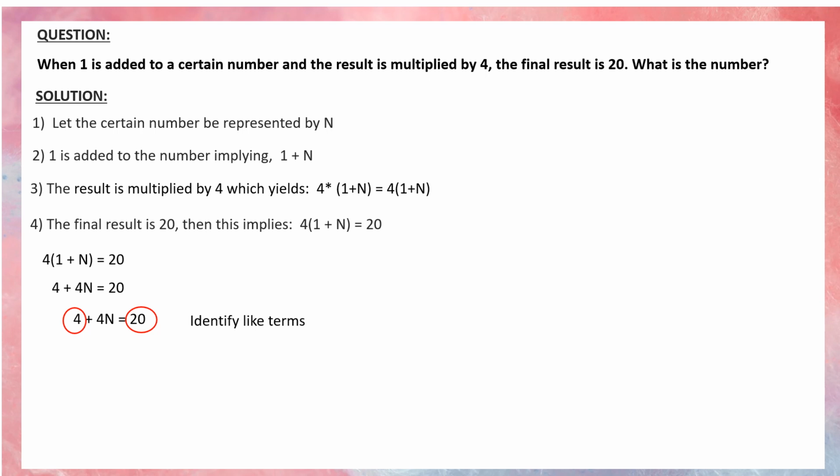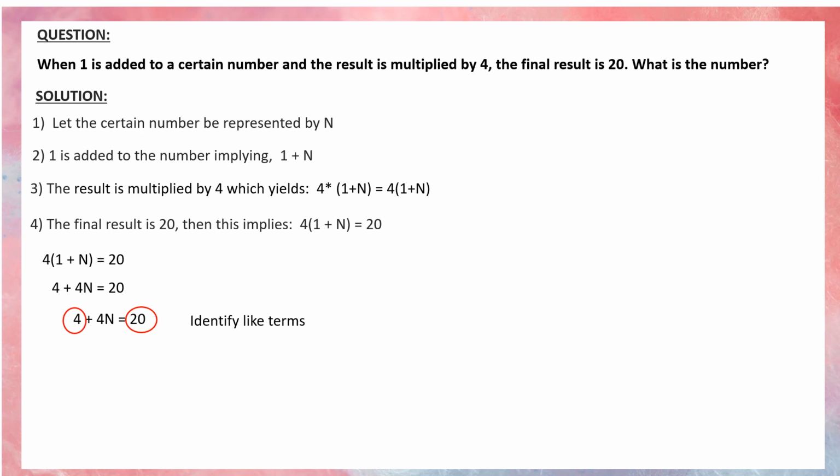So what we'll do is that if we look at 4 on the left-hand side, it has a positive sign assigned to it. It's imaginary, you cannot see it. And 20 on the right-hand side also has a positive sign assigned to it in front.